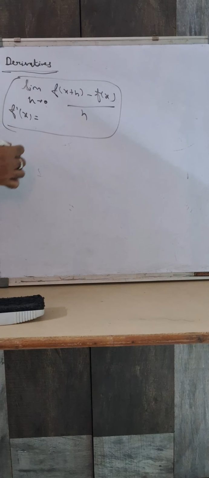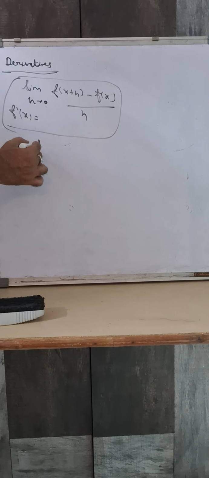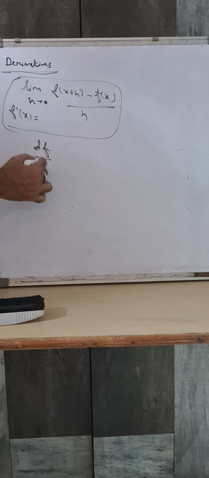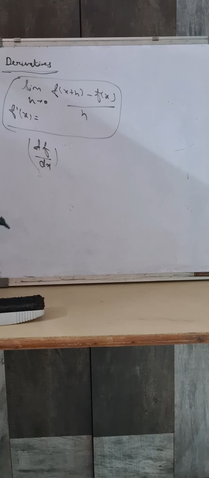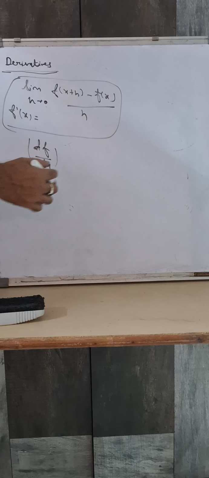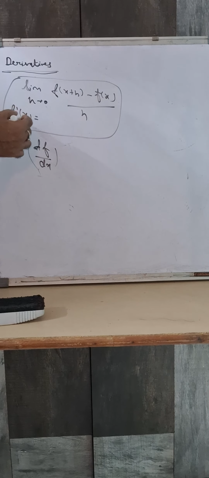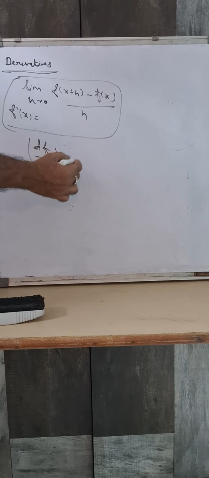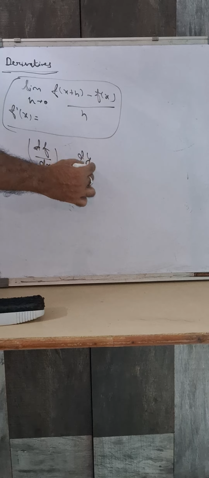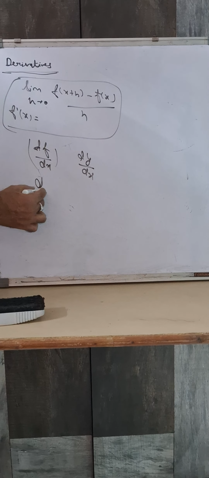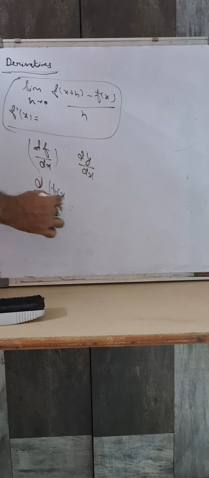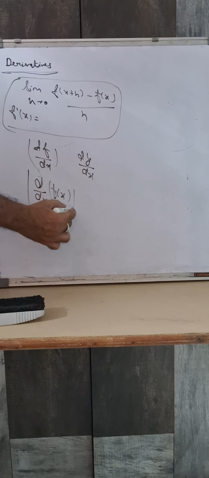This can also be denoted by df upon dx. Also, sometimes if f(x) equals y, then dy upon dx, also d upon dx of f(x) at a given point.